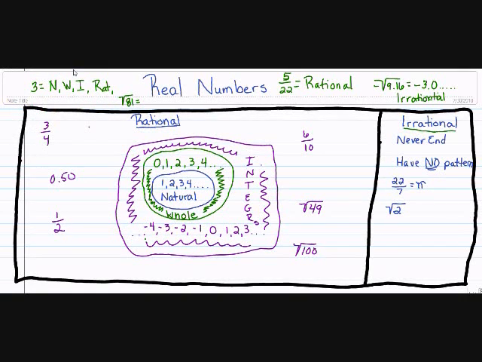The answer to that is 9. 9 is a natural number. It is a whole number. 9 is also an integer, and therefore it's under the umbrella of a rational number. Or you could just say it's a rational number. Okay, let's go on to the next page.